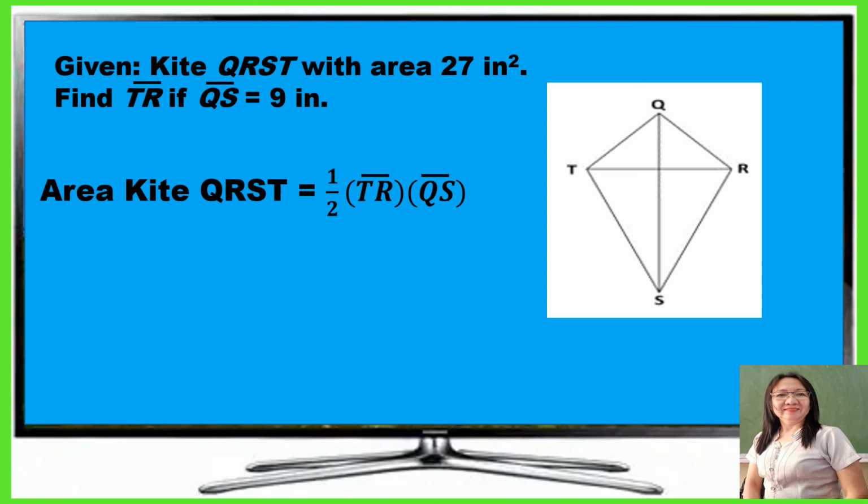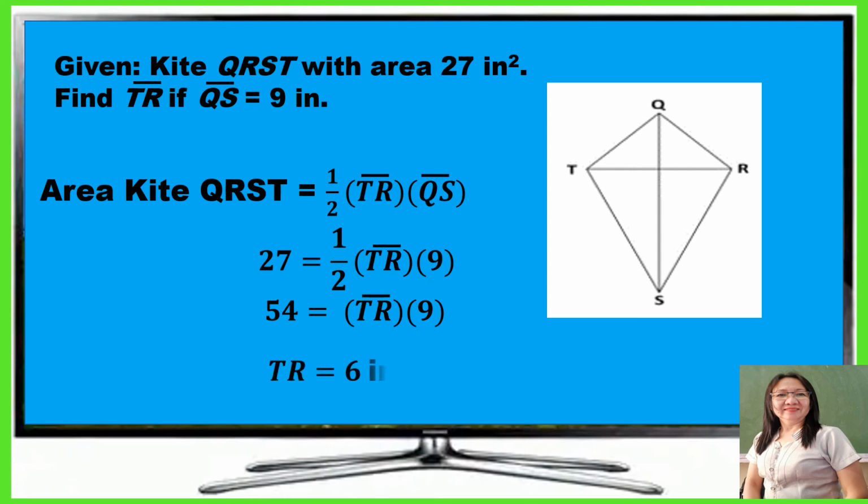Then by substitution, the given is the area, so substitute 27 for the area, and QS is 9. Then to eliminate 1/2, let us multiply both sides by 2. So we will get 54 is equal to PR times 9. Then dividing both sides by 9, we will get PR is equal to 6 inches.